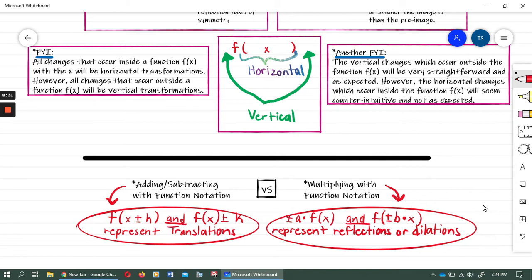There are different types of reflections: vertical ones and horizontal ones. And there are different types of dilations.